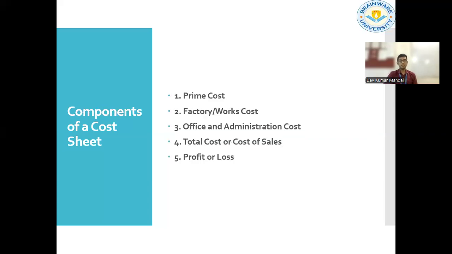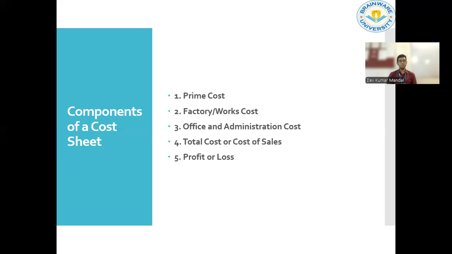Moving towards the next slide, what are the components of a cost sheet? There are various components of a cost sheet. First one is the prime cost. After calculating the prime cost, we add the factory overhead, and after factory overhead, we add the office and administration overhead. These are all the expenses: factory cost, office and administration expense.